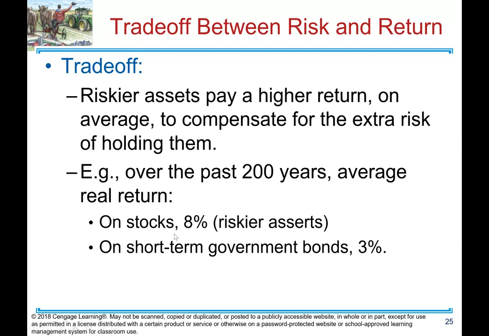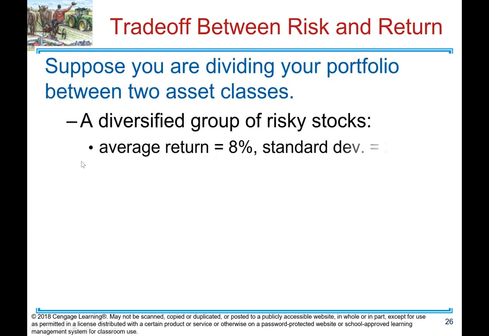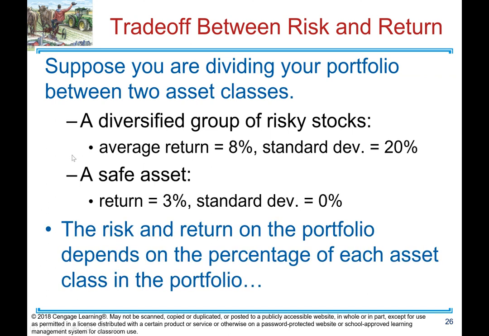Government bonds are the safest assets out there, so the return on bonds is rather low. Suppose you are dividing your portfolio between two assets: a diversified group of risky stocks, average return 8%, standard deviation 20%, and a safe asset, return is 3%, standard deviation is 0.